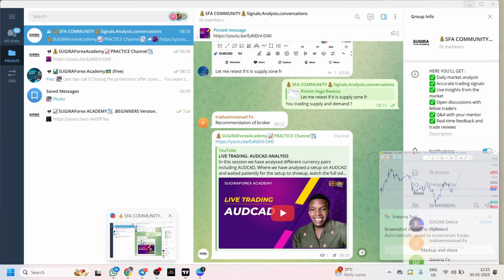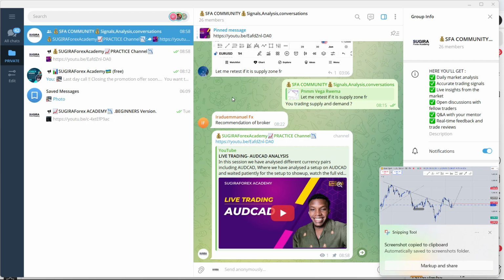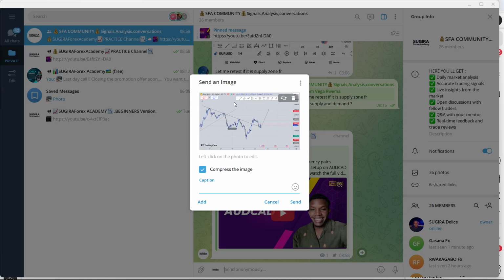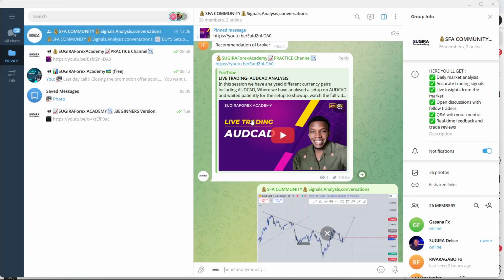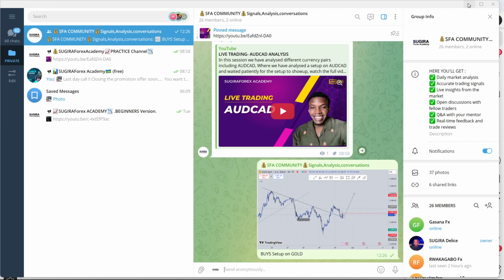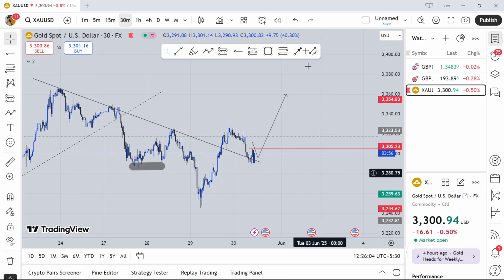Buy setup on gold. All right, I've shared it in the community as well.